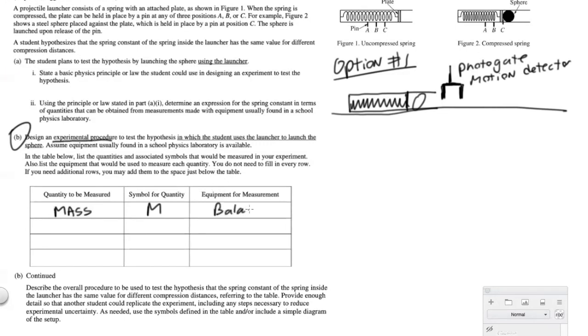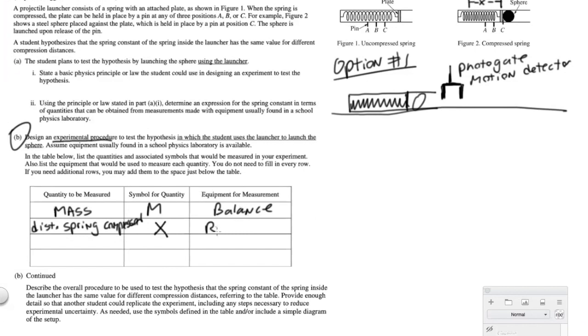You could say electronic balance. We need to measure the distance the spring is compressed. We've got to measure how far the spring was compressed. The symbol we're using for that is x, right? How far was the spring inside the launcher compressed?